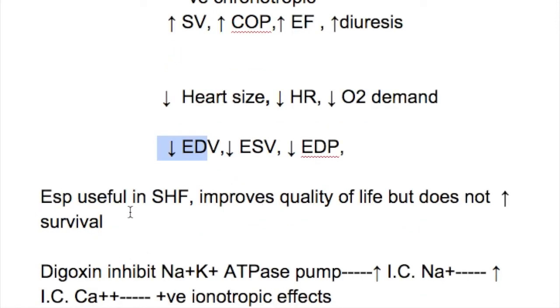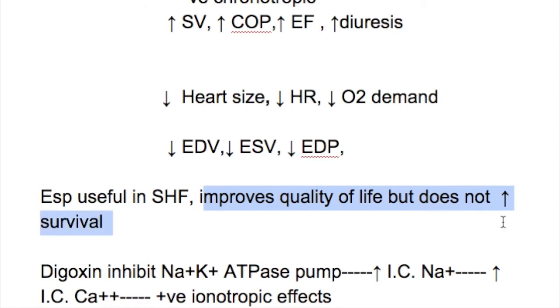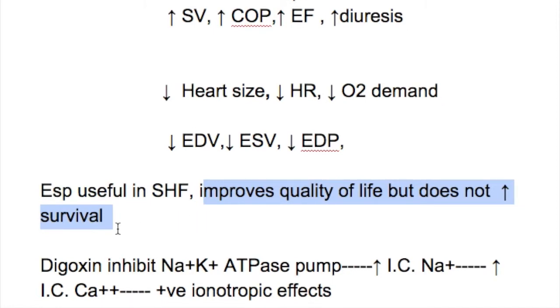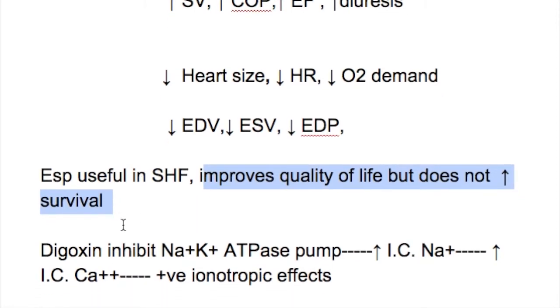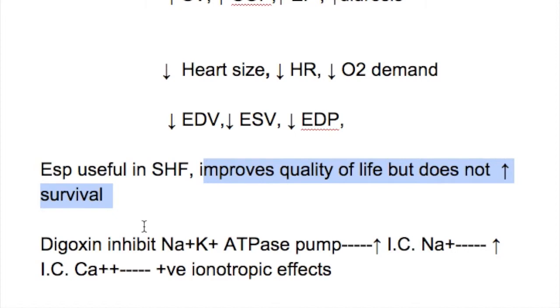It is especially useful in systolic heart failure, improves the quality of life but does not increase the survival. This is important because ACE inhibitors, beta blockers, and aldosterone antagonists increase the survival. But digoxin does not increase the survival, but it improves the quality of life.